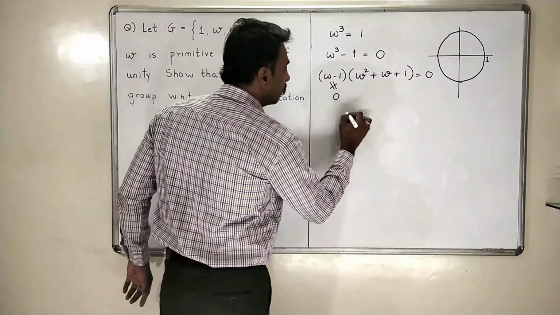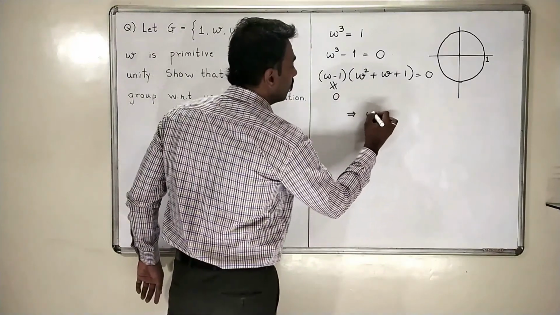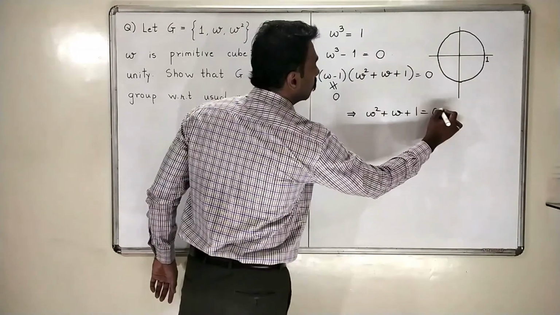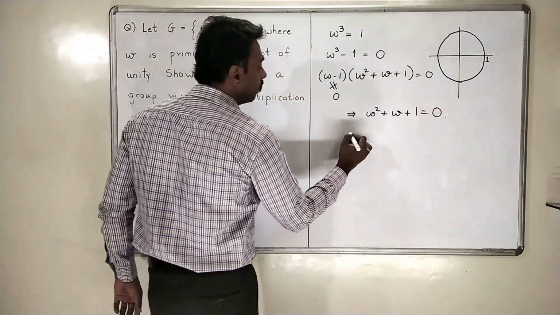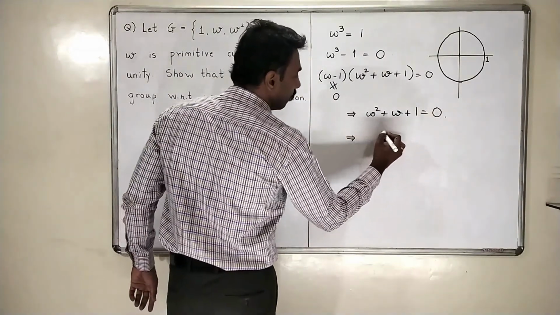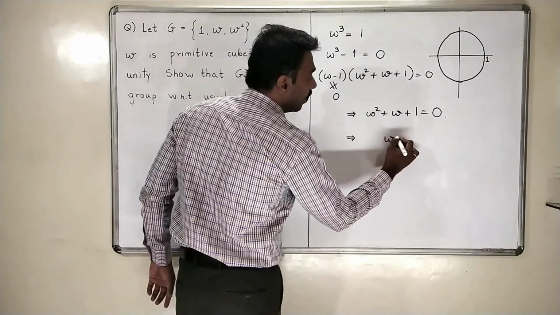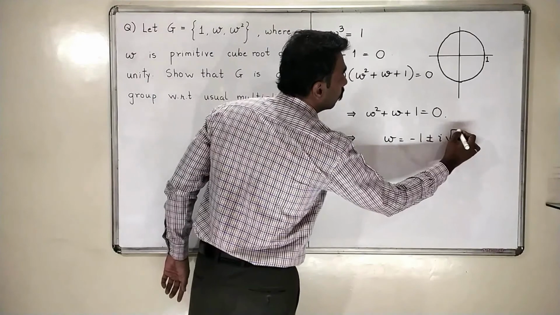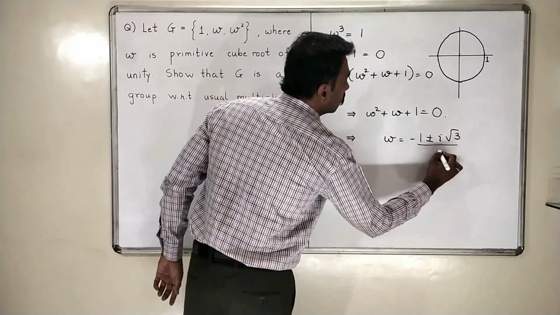This means that omega square plus omega plus 1 is equal to 0, and solving this quadratic equation, we will get omega is (minus 1 plus or minus i root 3) divided by 2.